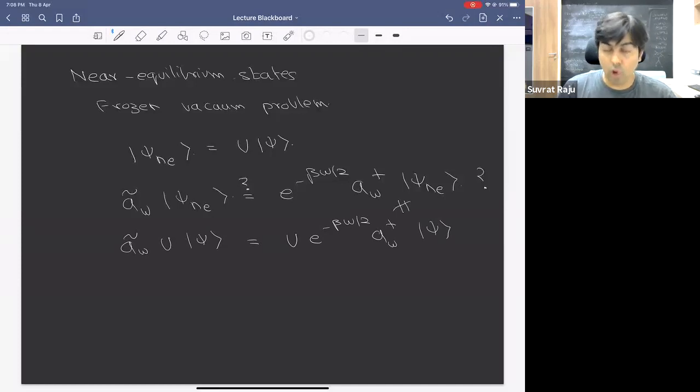It's not equal to what we have on top in general, because it may happen that a omega with u or a omega dagger with u is not equal to 0.